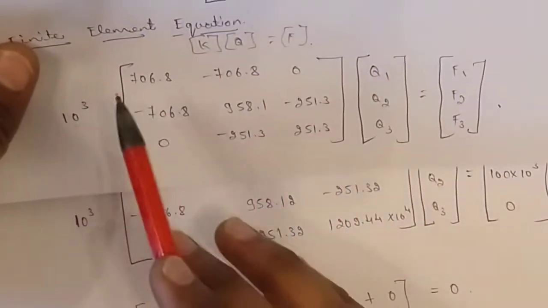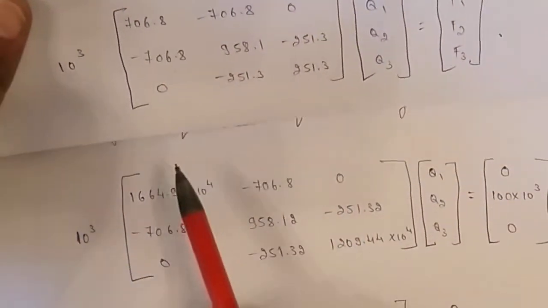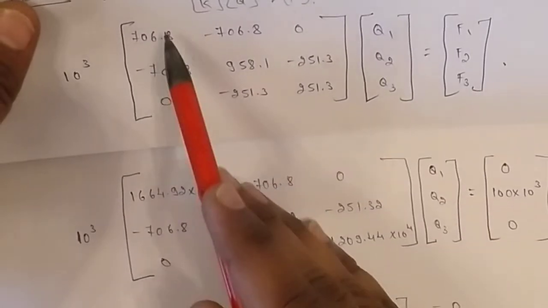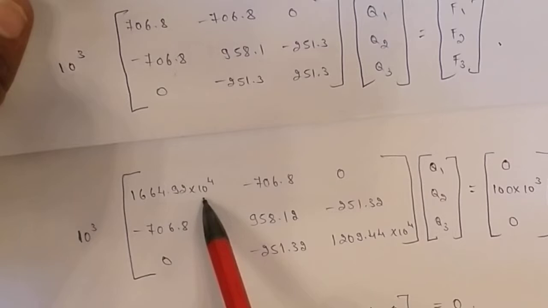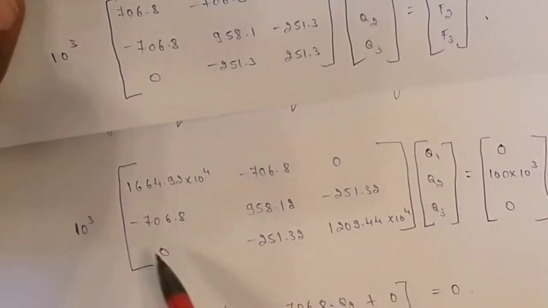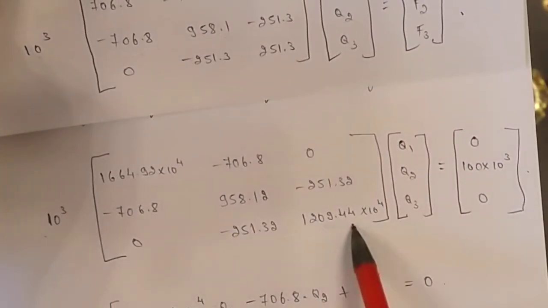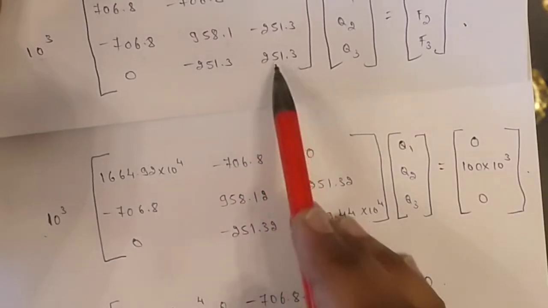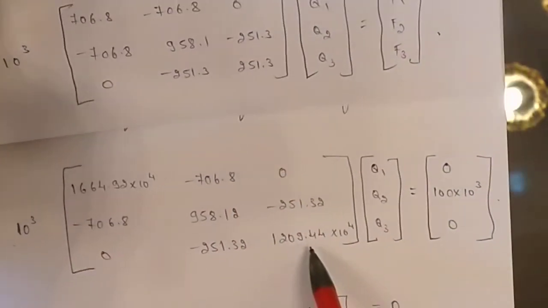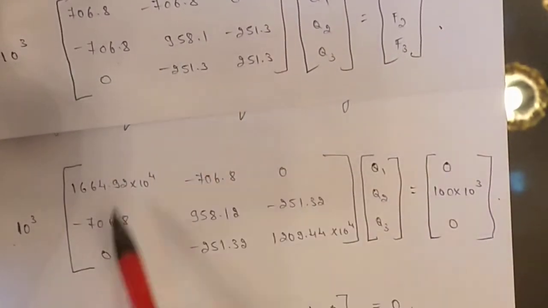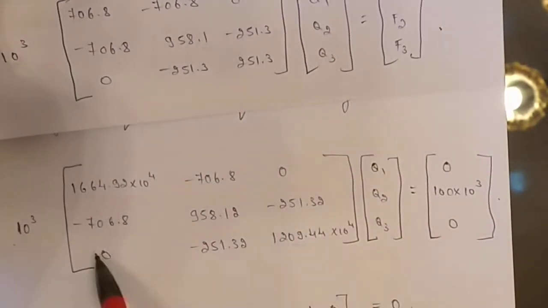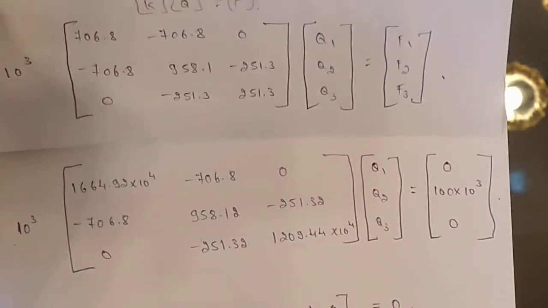If I add 958.1 to 706, I'll get 166.4 into 92.92 into 10 power 4, 10 power 3 common as it is. Similarly, add to this third one, add to this 251, I'll get 1209.44 into 10 power 4. Rest all the thing remains same as it is in the K matrix.